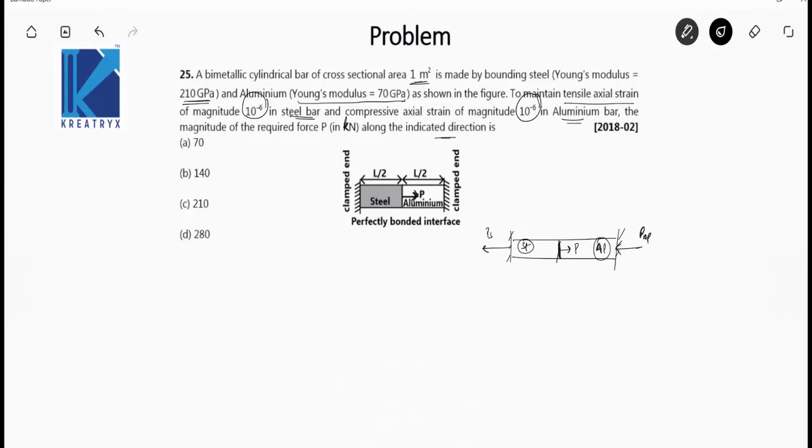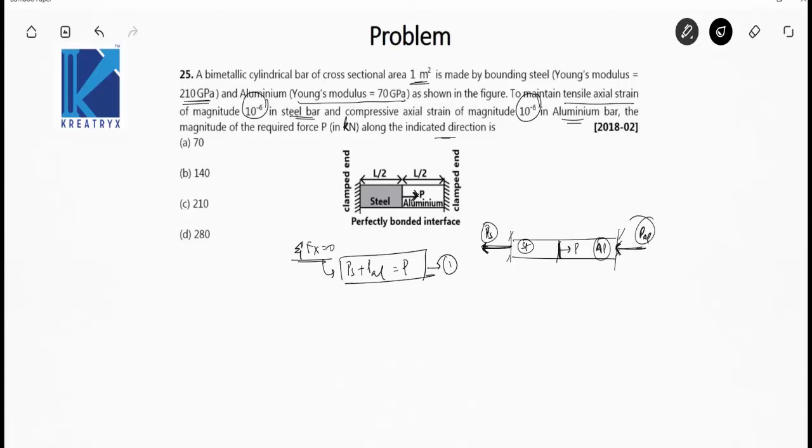The reactions are in the opposite direction to that of the net force P applied on the intersection of the bars. So sigma Fx is equal to 0, and this gives us PS plus PAL is equal to P. This is our first equation.